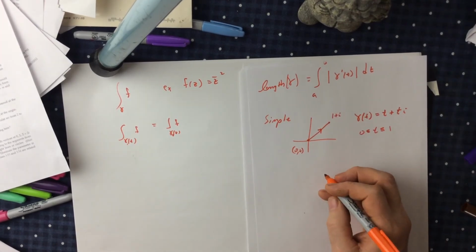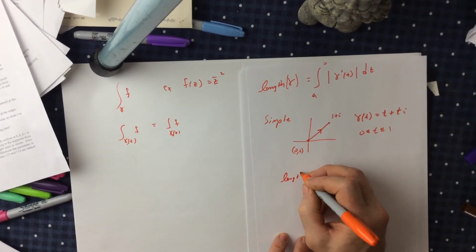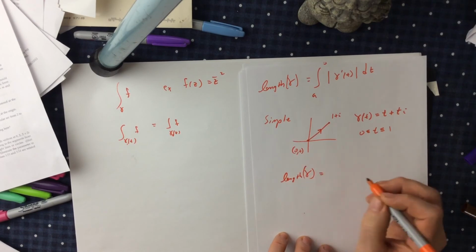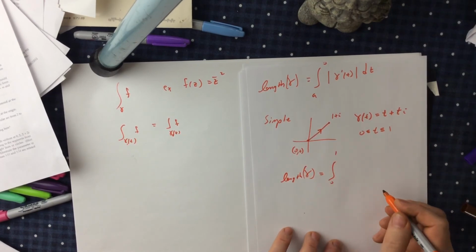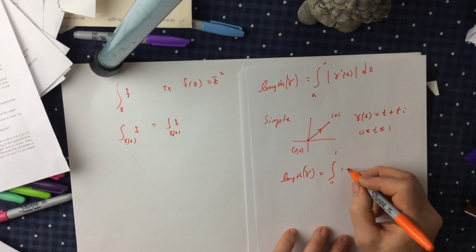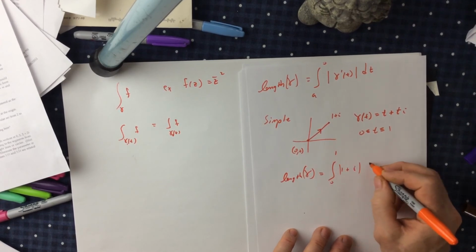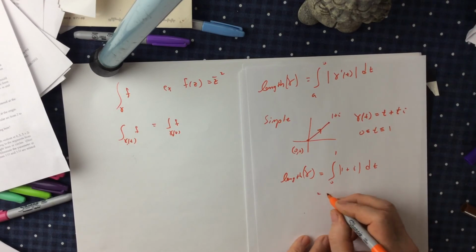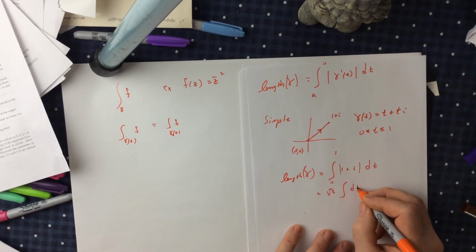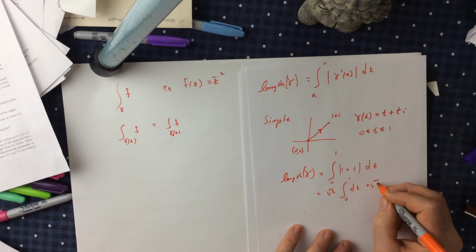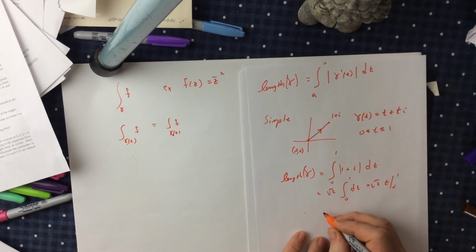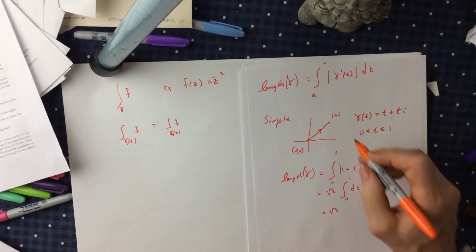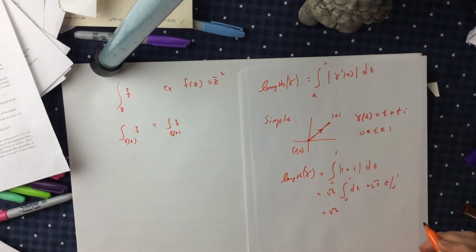Using this definition, the length of gamma would be the integral from 0 to 1. We take gamma prime, which is 1 plus i, take its modulus, dt. The modulus of 1 plus i is square root of 2, times the integral of dt from 0 to 1, which is root 2 t evaluated from 0 to 1, which is root 2. And that's exactly how long that path is.